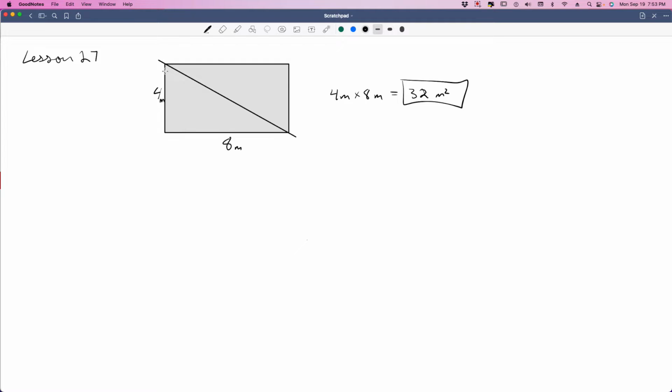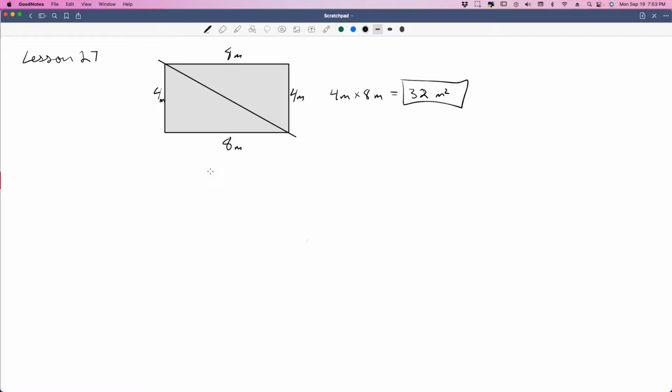And I could also argue, because this is a rectangle, and because we know that this side is parallel to this side, and this side is parallel to this side, that these two triangles are the exact same area. They're identical in area. They're just flipped around from each other, right? We know that this length and this length are the same. This one would be 4 meters, and this one would be 8 meters.